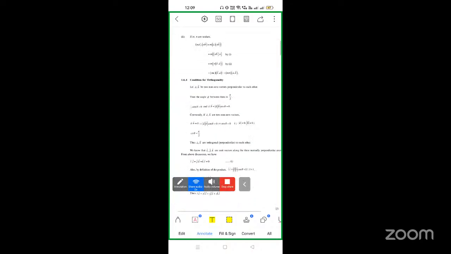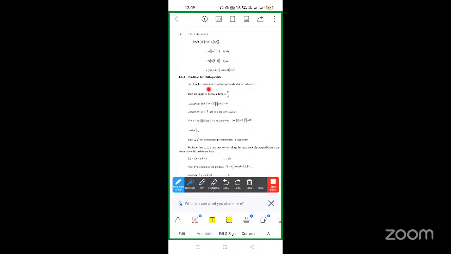Now the condition for orthogonality. Let A, B be two non-zero vectors perpendicular to each other. If the two vectors are perpendicular, then the angle between them must be pi by 2, that is 90 degrees. Then we can say that the two vectors are orthogonal to each other.